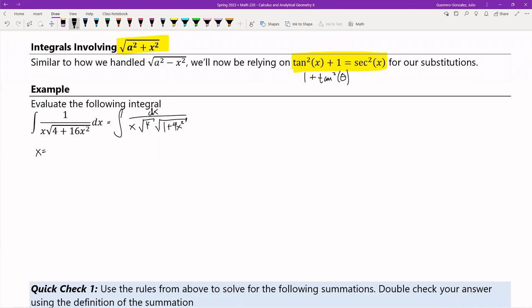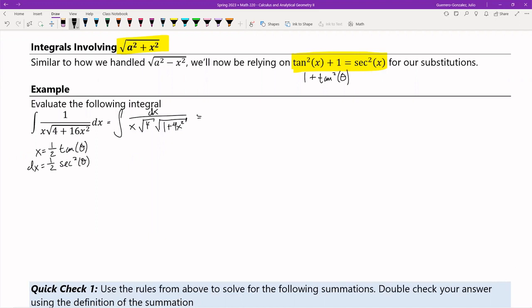This is what we want to turn it into. So in this case, our x is going to be 1/2 tangent theta, which means our dx is going to be 1/2 secant squared theta. Okay, and we're off to the races.